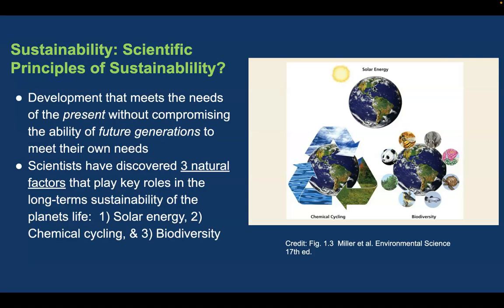Now, the second one is chemical cycling. Chemical cycling includes what we call nutrients, right? Many of these chemicals are important for plant and animal life and are needed for plant and animal life to survive. The Earth receives no new supplies of these life-supporting chemicals.